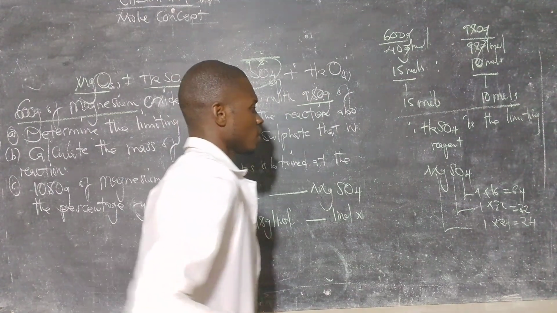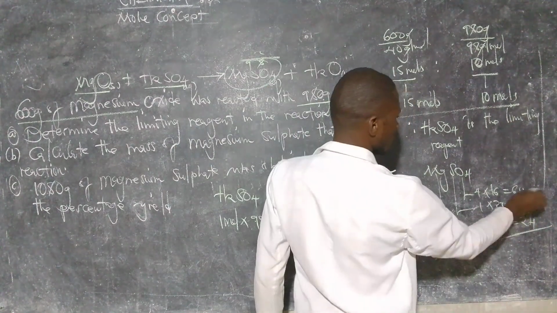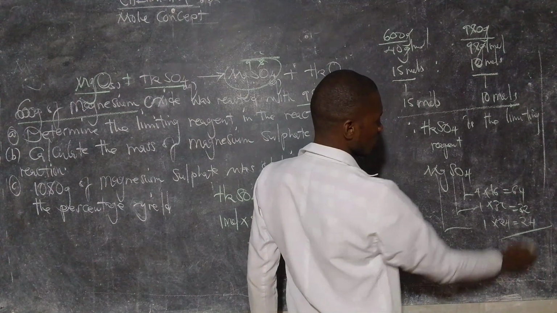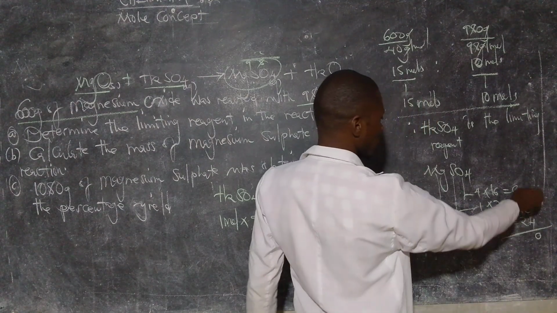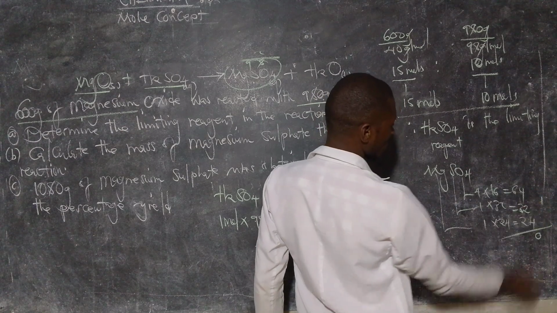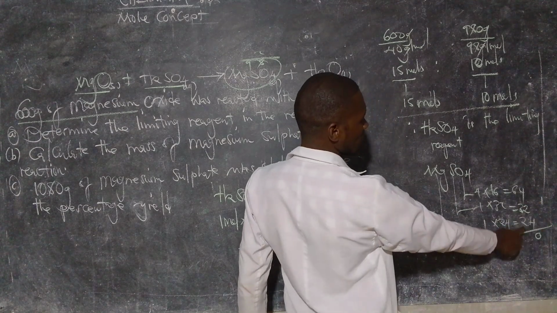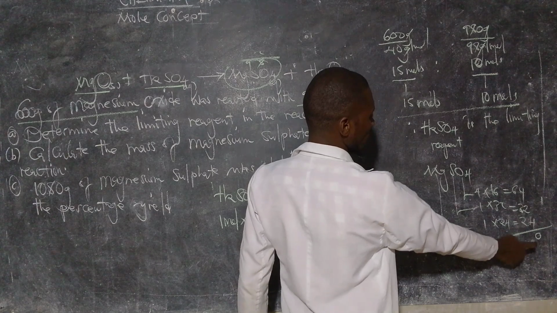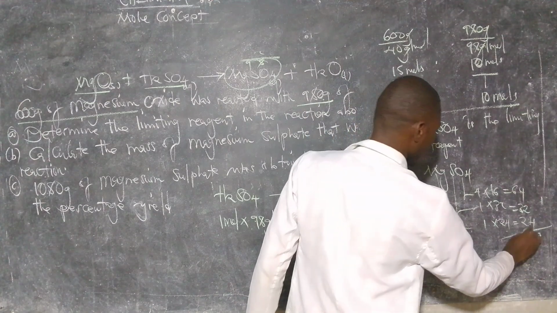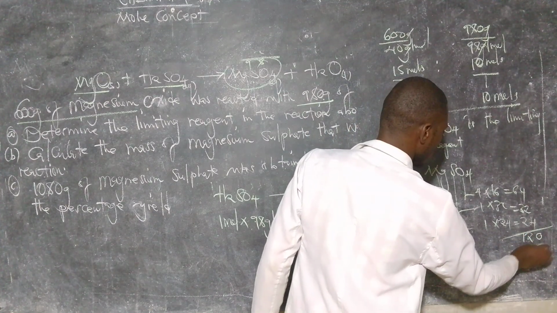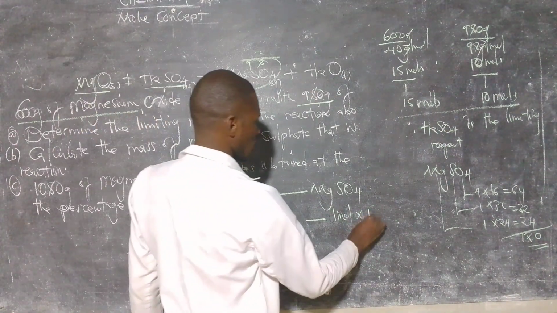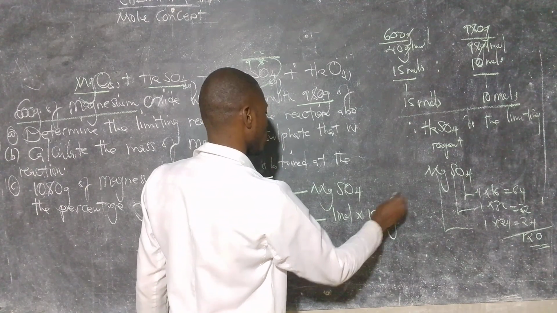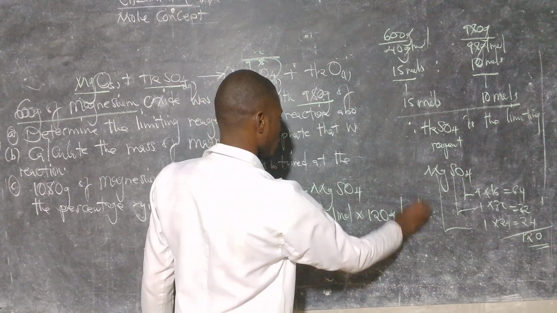So if we do calculations here, 4 plus 2, we are getting 6, plus this one, we're getting 10. Then 6 plus 3, we're getting 9. 9 plus 2, we're getting 11. 11 plus 1, we're getting 12. So 120 grams per mole.